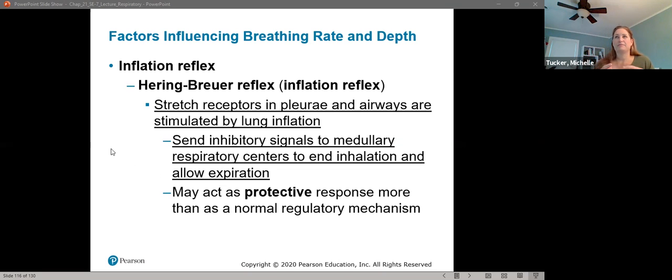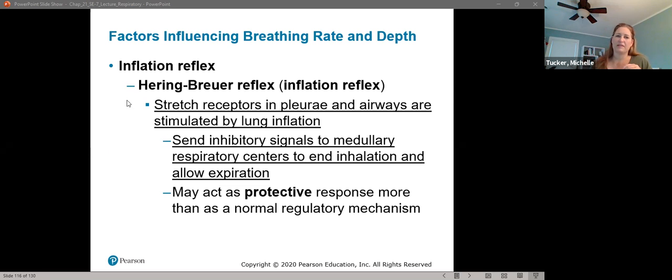If you think about it, your alveoli have a very thin membrane. They do have some elastic fibers, but they don't have a contractile mechanism, so they can only inflate, and we need to protect them from inflating so much that they burst.